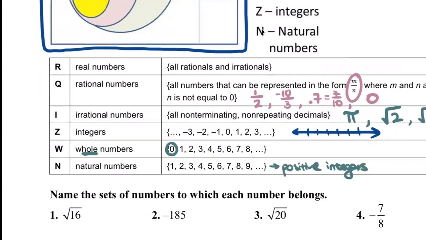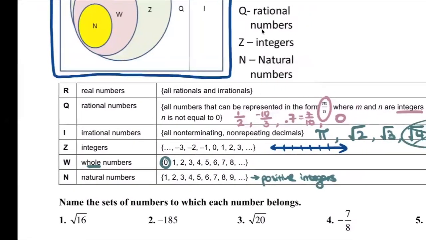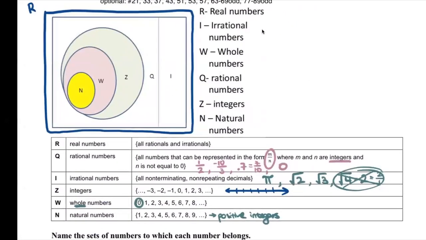How I like to remember this is natural numbers are the numbers we naturally count with, right? When you use your fingers to count, we naturally will count 1, 2, 3, 4, 5, etc. So those are all the categories for our real numbers here.